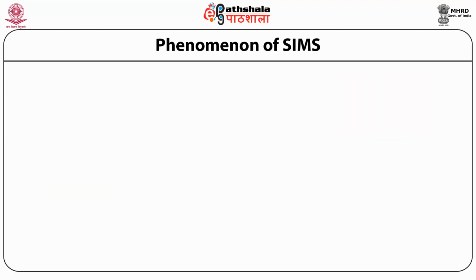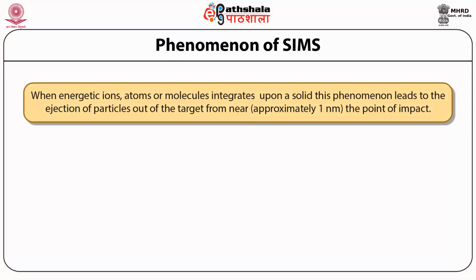Phenomenon of SIMS. What is the main phenomenon on which SIMS is based? When energetic ions, atoms or molecules impinge upon a solid, this leads to the ejection of particles out of the target from approximately 1 nanometer near the point of impact.